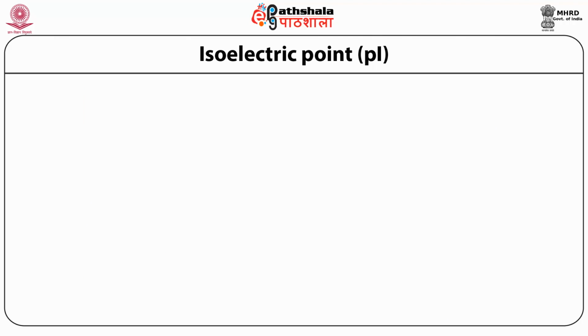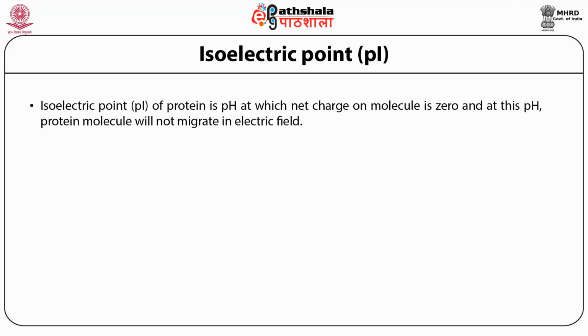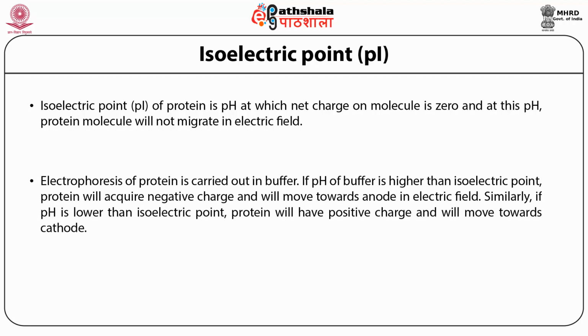In this slide, I will be explaining what we understand by isoelectric point. The isoelectric point of a protein is the pH at which the net charge on the molecule is 0, and at this pH, protein molecules will not migrate in an electric field. Electrophoresis of protein is carried out in a buffer.